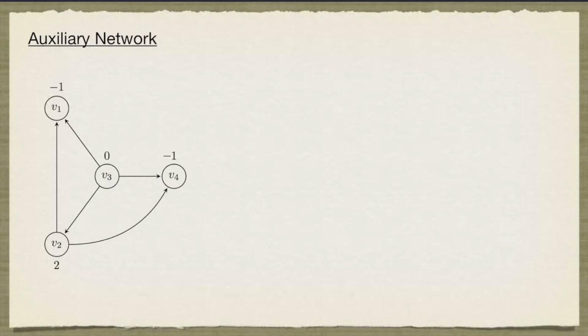If it is non-positive, we see if there's an arc from the root to that node. If there is, we add it to the tree. If there isn't, we create an arc and add it to the tree. In this example, V1 and V3 both have non-positive supply values, and there's no arc from the root to either of these nodes. So we'll create two arcs and add them to the tree.